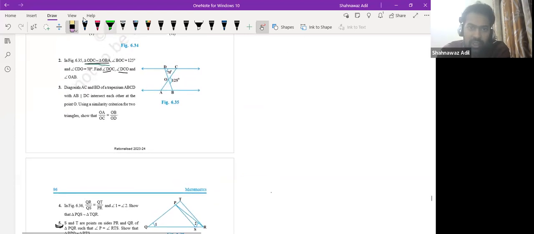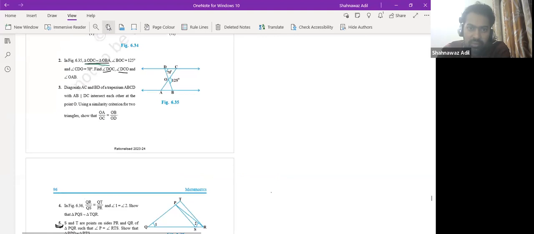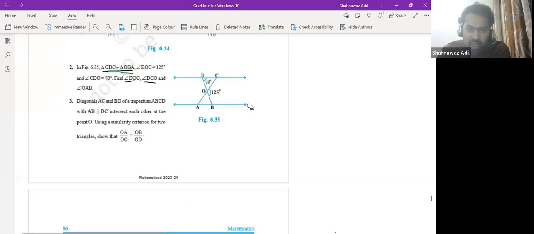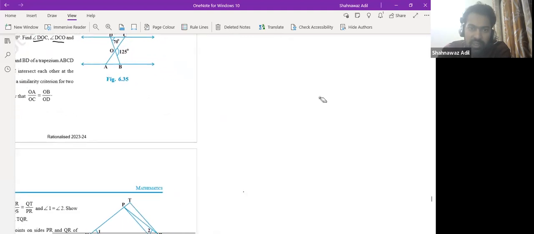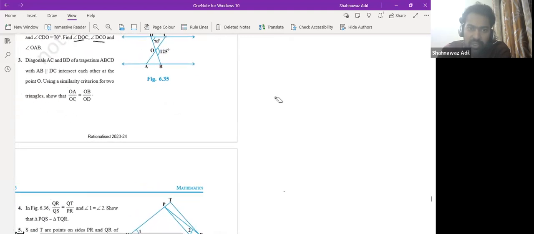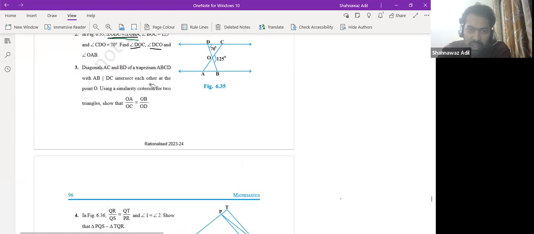So the third question: diagonals AC and BD of trapezium ABCD with AB parallel to DC intersect each other at the point O. Using similarity criterion for triangles, show that OA by OC equals OB by OD.